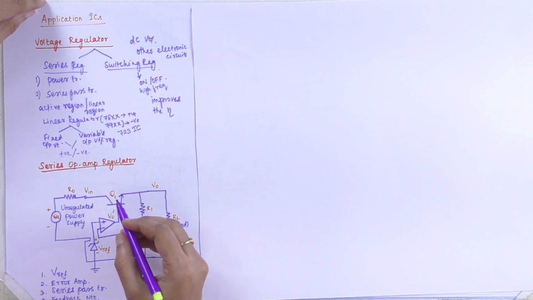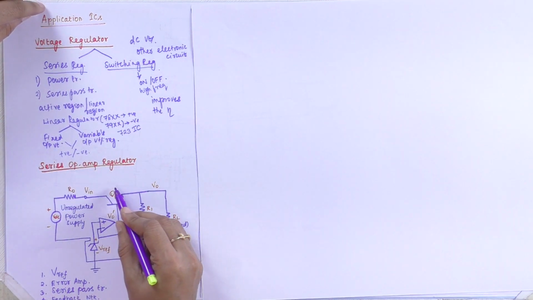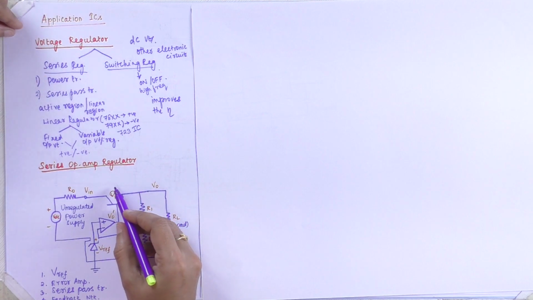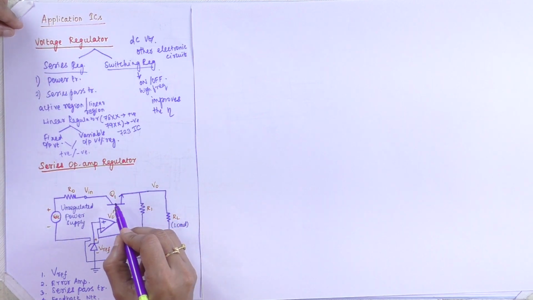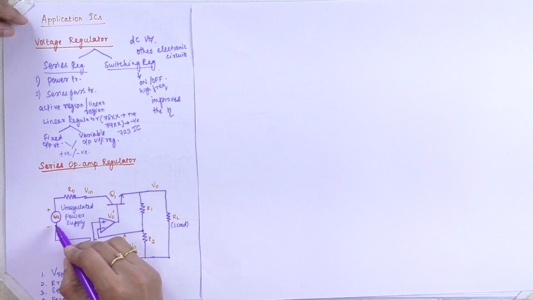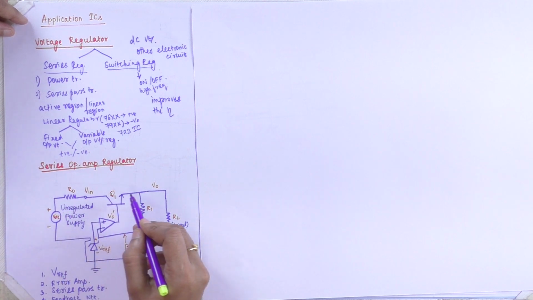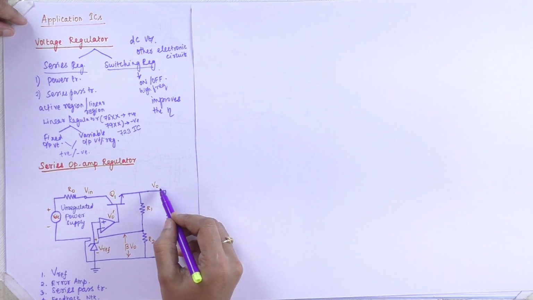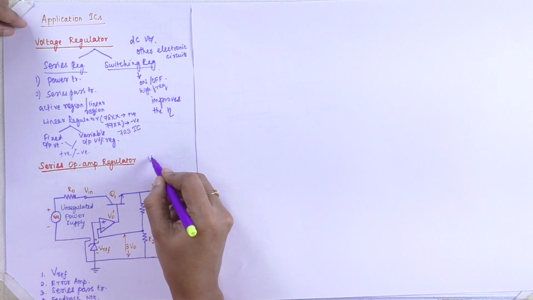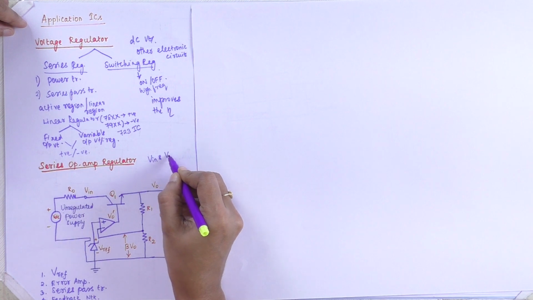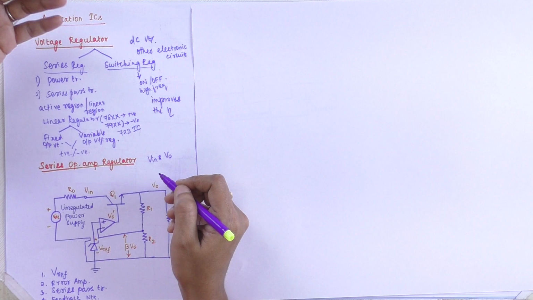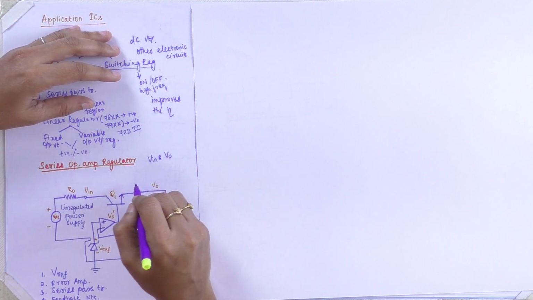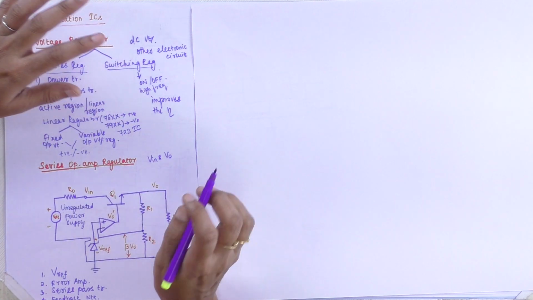In this, the power transistor Q1, as I said earlier, is in series with the unregulated DC voltage Vin and the regulated DC voltage V0. It observes the difference between the voltages Vin and V0, so any fluctuations in the output voltage are noticed.